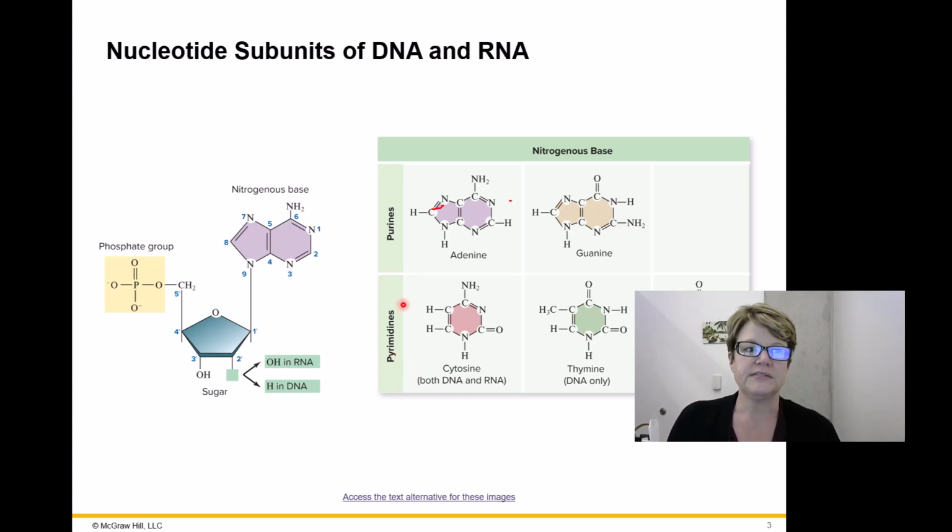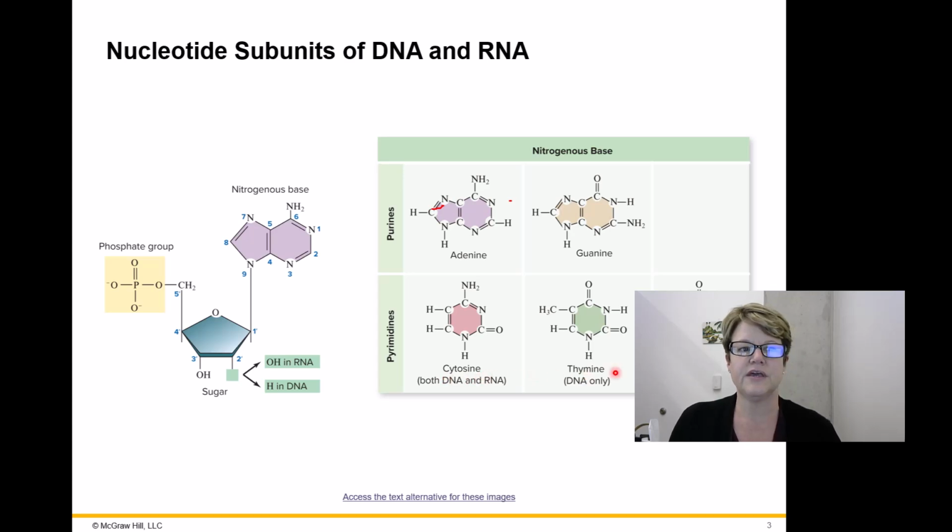Now the pyrimidines, they have a simpler structure. They just have a single 6-membered ring. And again, though, attached to some of the members of the ring are different functional groups. So this one has a C double bond O. This one also has a C double bond O, but this one has a C bound to an amino group. And you can see some differences around if you look. So there's some differences, and these three are called pyrimidines.